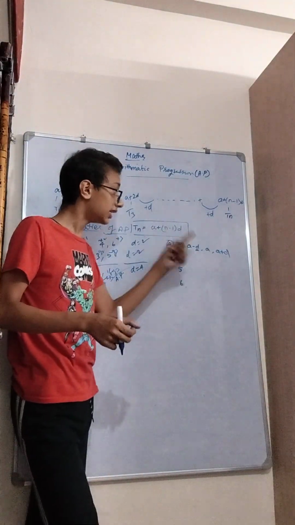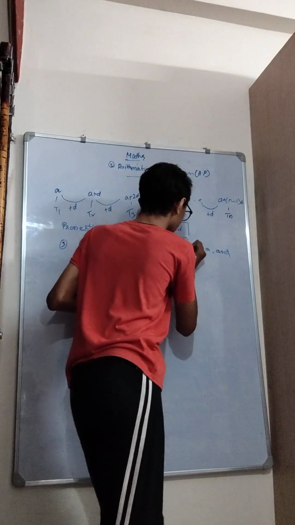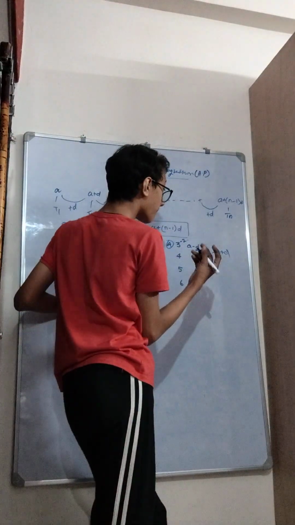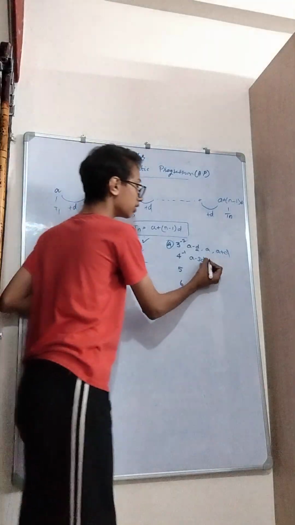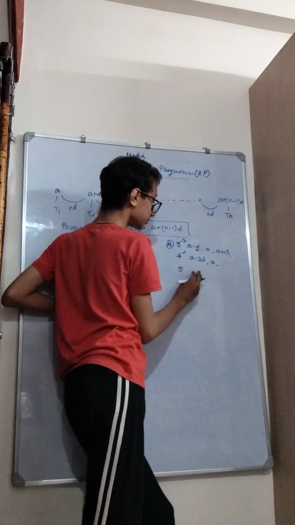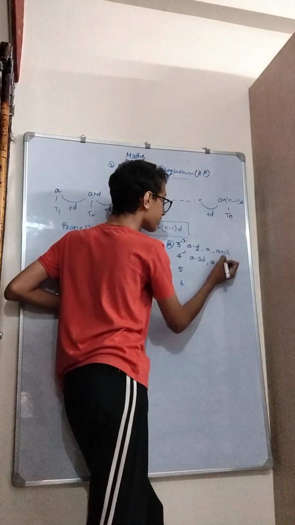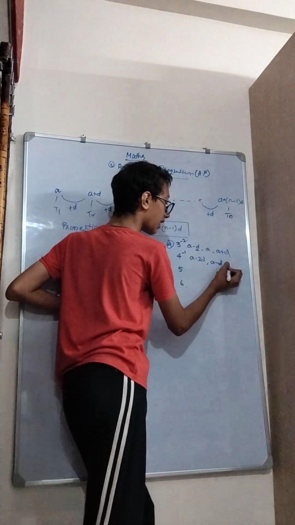And it is given as, so this is always minus 2 will be the d. And the next term is a minus 3d. So minus 1 you have to subtract to get 3, right? Then let's check if we have a pattern.